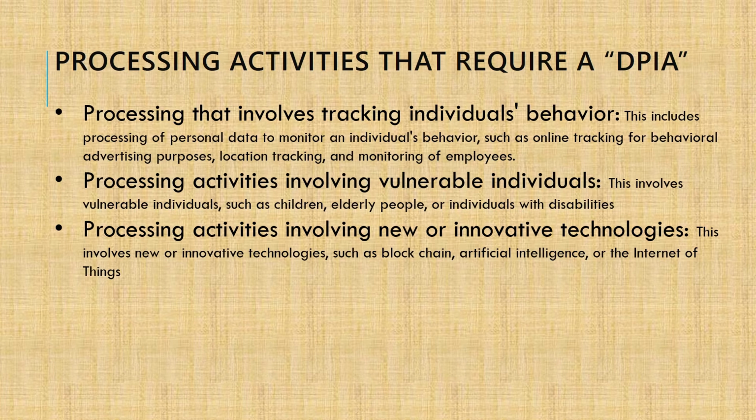Right? For example, a company launches a new smart home device that connects to the Internet of Things, allowing users to control home appliances, security systems, and even measure health metrics using voice commands.